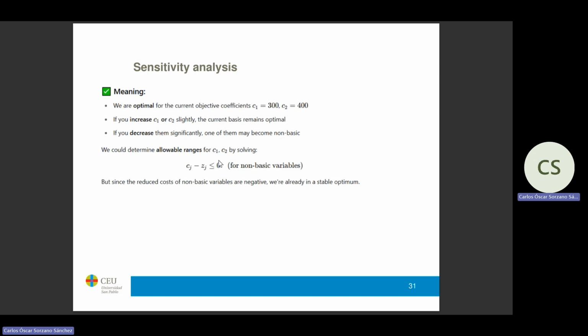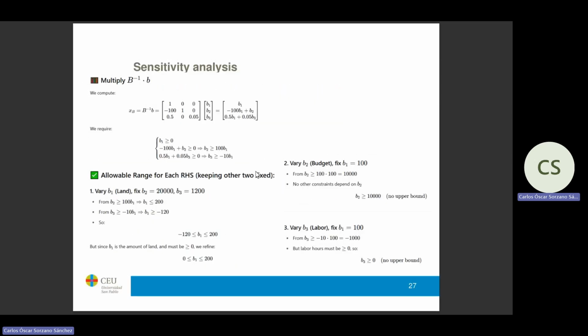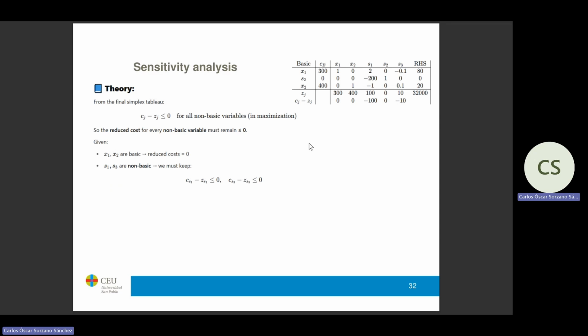And we can solve for the ranges for C1, C2 by solving this inequality, the same way as we did for the B's. So let's do it for the C's. We take all the non-basic variables, so the ones here will be S1 and S3.